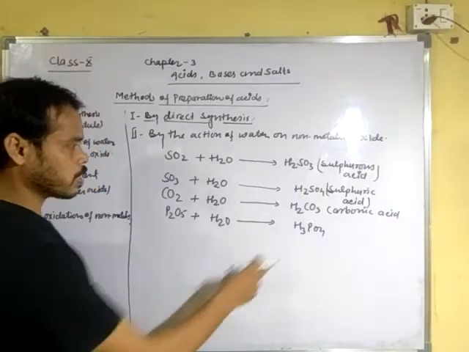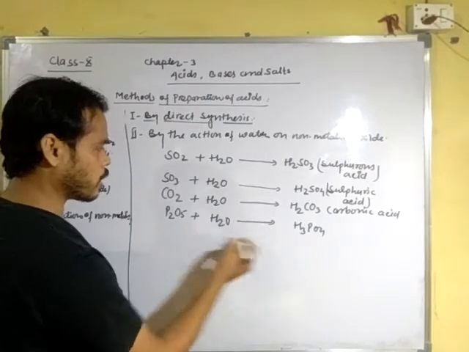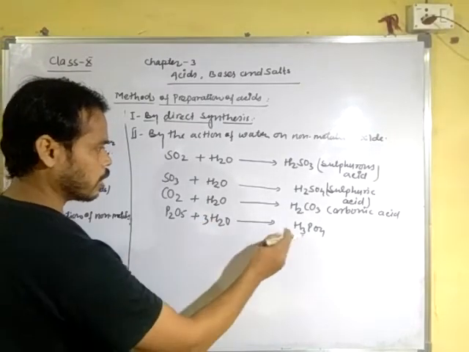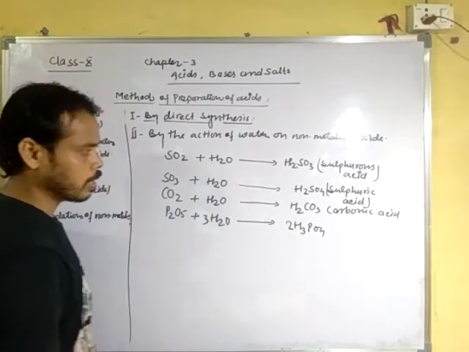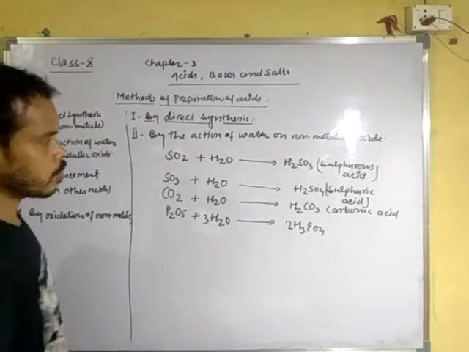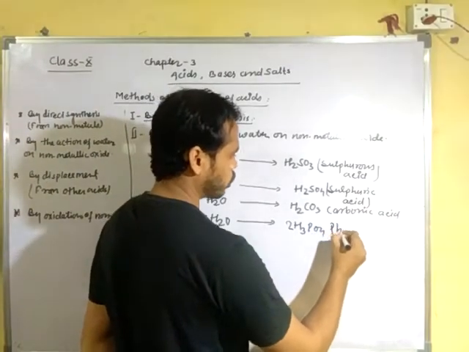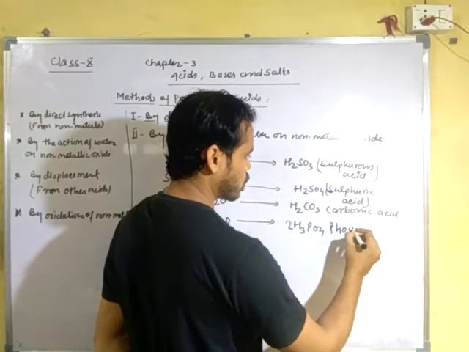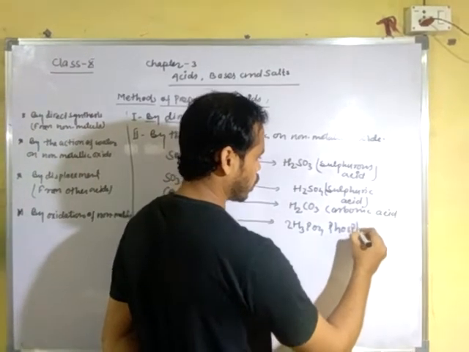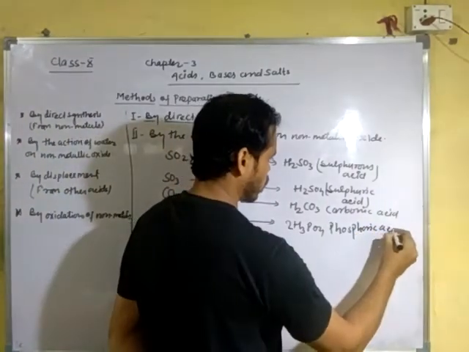To balance these reactions, you can multiply by 3 and by 2. Now the reaction is balanced.